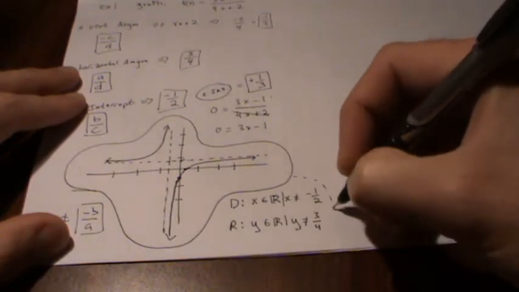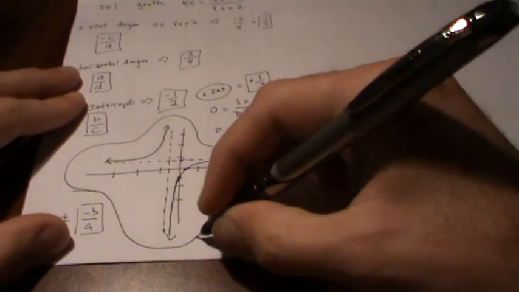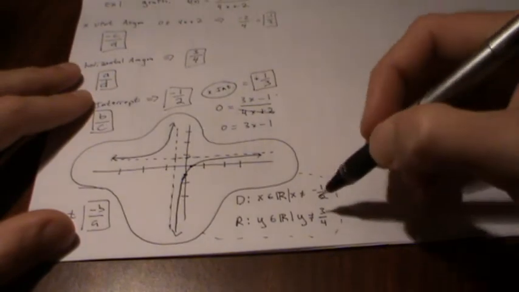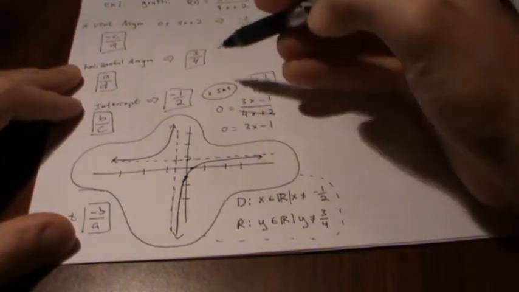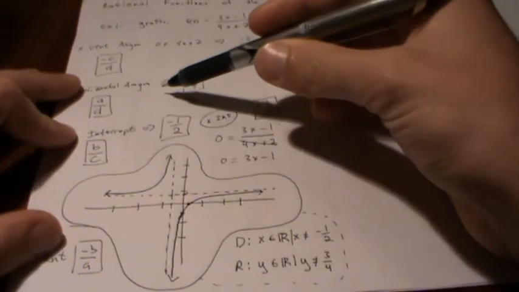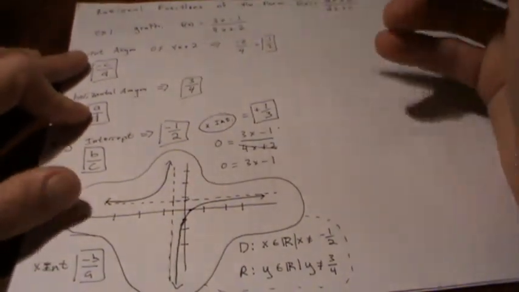And so there we have the domain, the range, the graph, the x-intercept, the y-intercept, the horizontal asymptote, and the vertical asymptote.